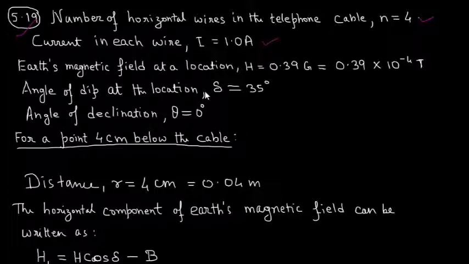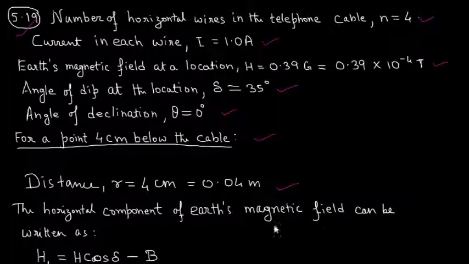Earth's magnetic field at the location H is equal to 0.39 G, that is 0.39 multiplied by 10 to the power minus 4 T. Angle of dip at the location delta is equal to 35 degree. Angle of declination theta is equal to 0 degree. For a point 4 centimeter below the cable, distance r is equal to 4 centimeter, that is 0.04 meter.